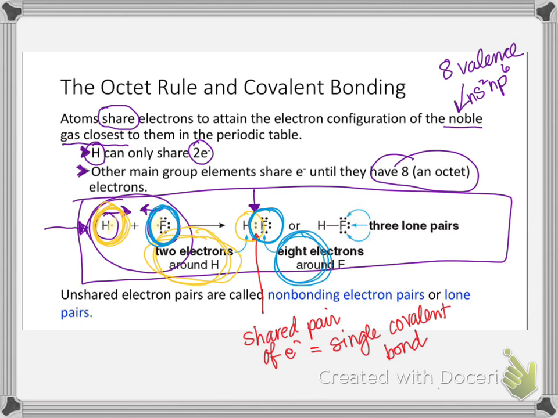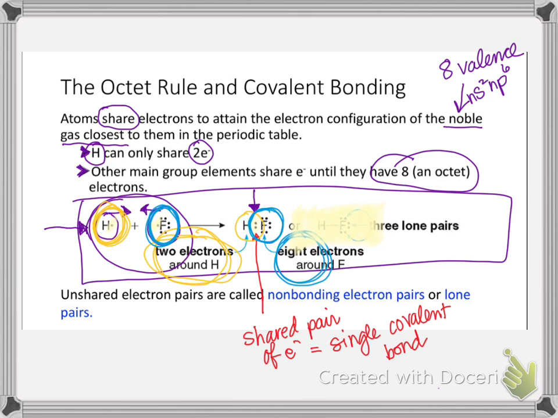So when they share, now that atom sees 8 electrons around it instead of whatever it started with, the valence electrons.